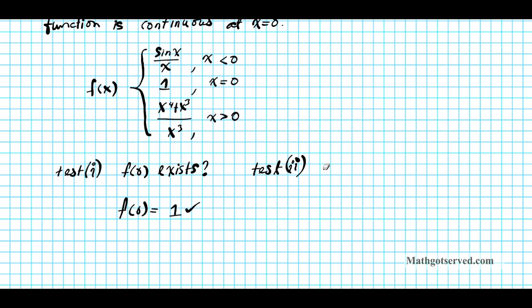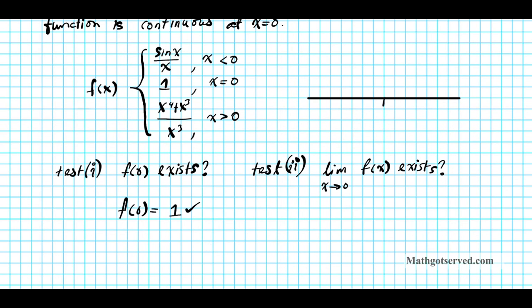For test 2, we have to show that the limit as x approaches the specified value 0 of the function exists. Okay, we have a piecewise defined function here. So we're going to be using two different functions as we approach the specified x value from both directions. So let's draw a number line to order our functions.